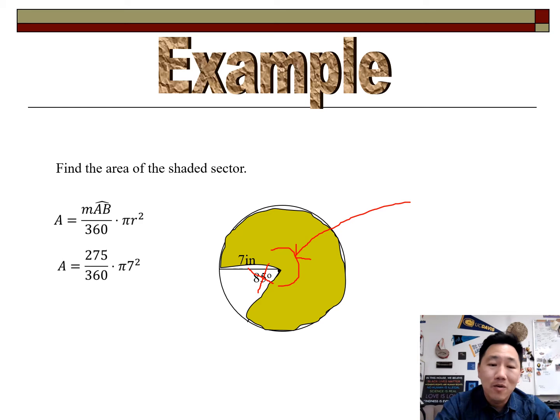So just pay attention to what part they want. In this case, they want the bigger part because the bigger part is shaded. And so you have to take 360 minus that 85 to get that 275. And then everything else, punch it in. In this case, I used the pi button to get 117.5916 inches squared.